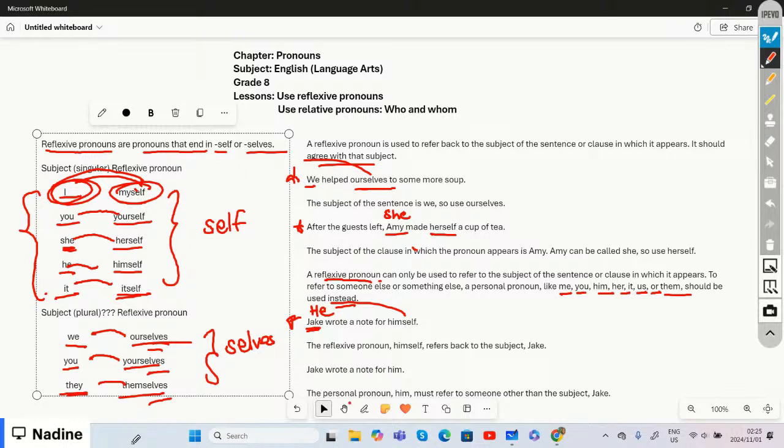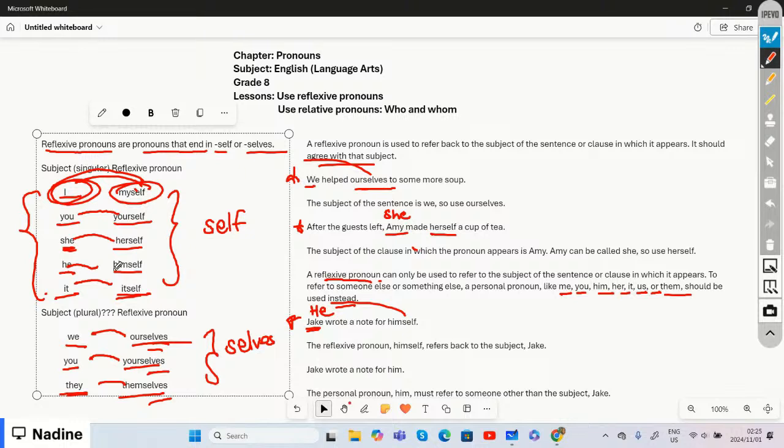So once again, before we go on to our test, we said that when it comes to reflexive pronouns, our reflexive pronoun needs to refer back to our subject, in which it appears, or to a clause in which it appears, and it should agree with the subject.